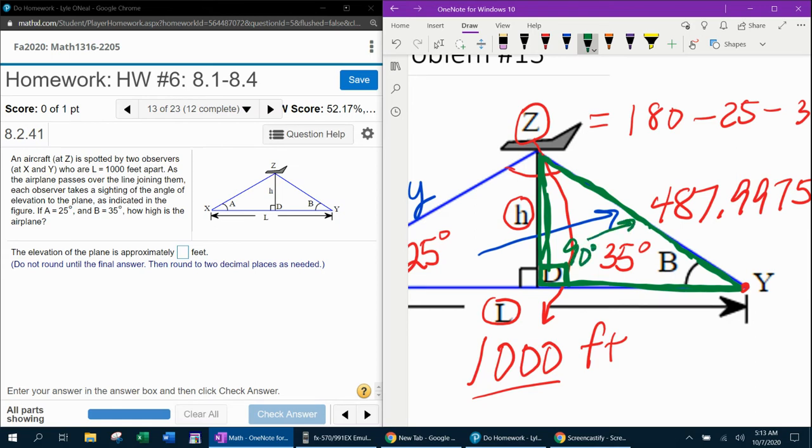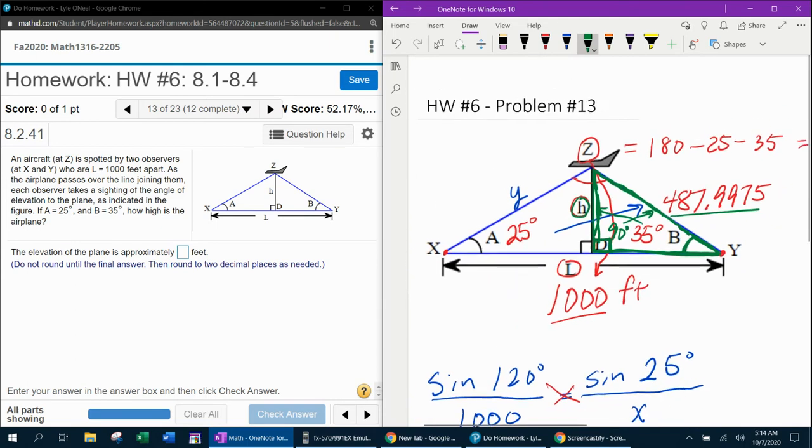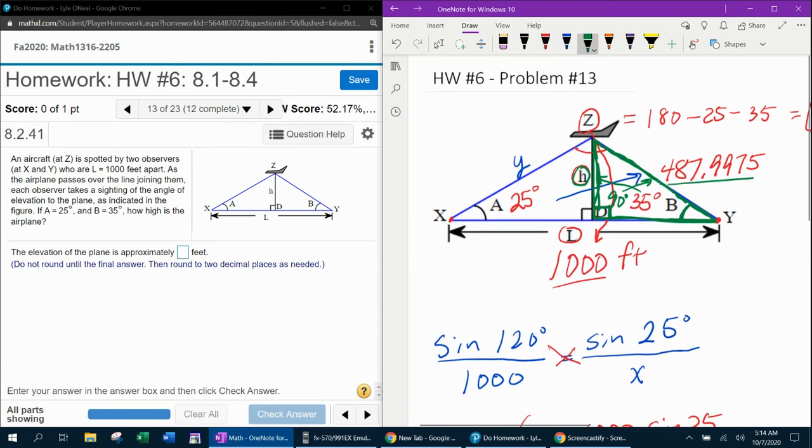That is across from the side I just found. And angle B, which is 35, is across from the height that I'm looking for. So now I'm going to be able to use that green triangle, the right triangle, and find the height.